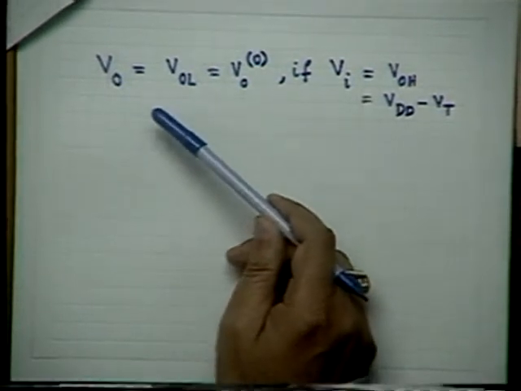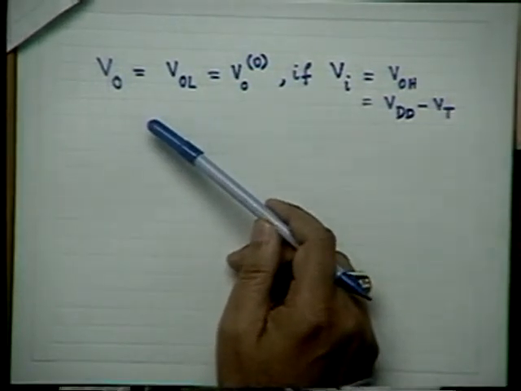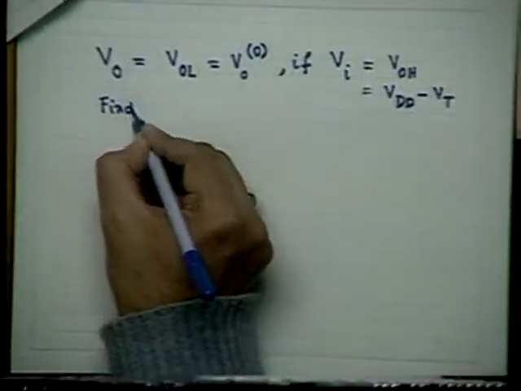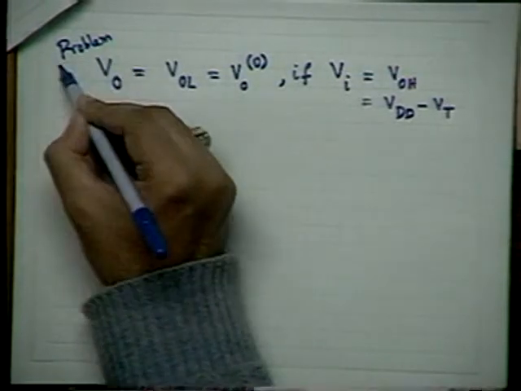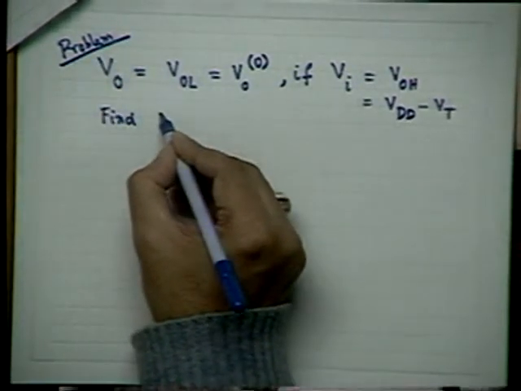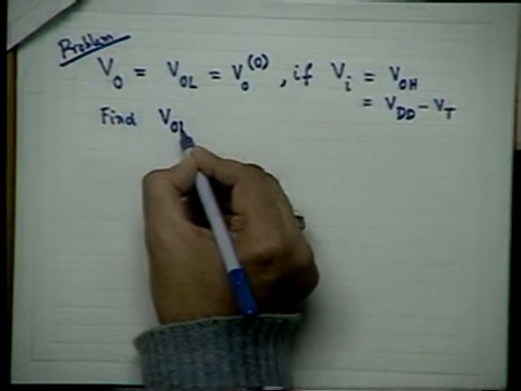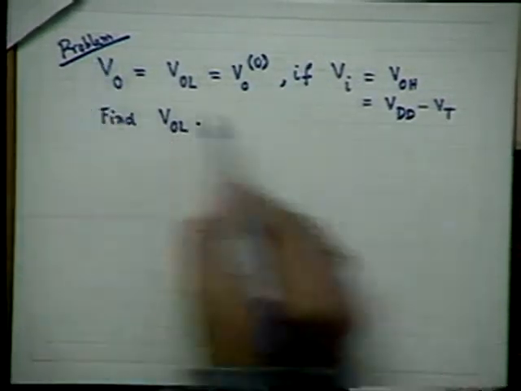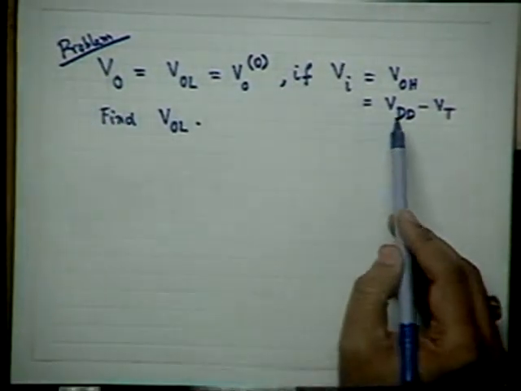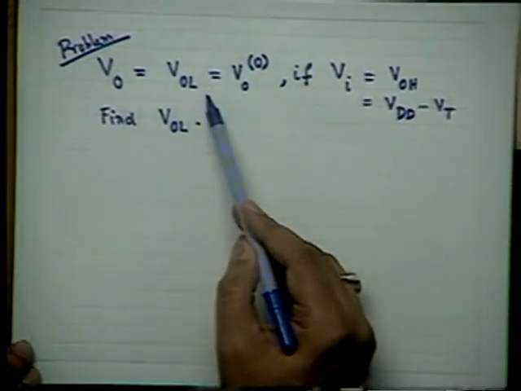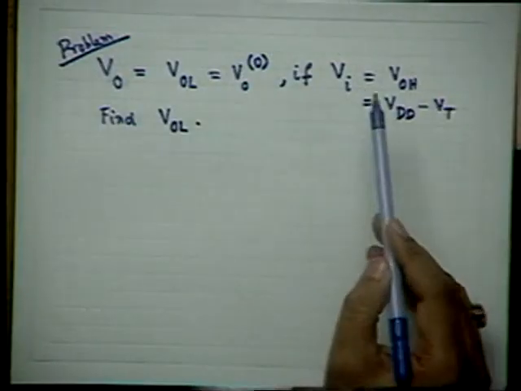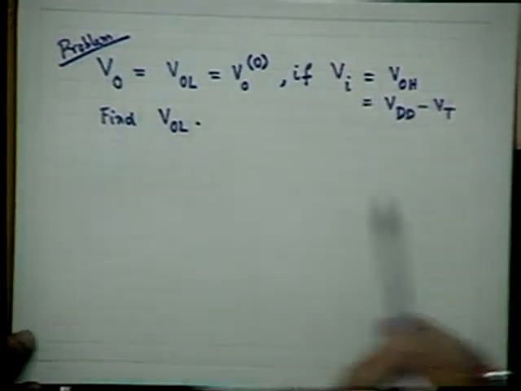So take it as a problem. This is the second problem: find VOL. The simple hint is this: if VI is equal to VOH, then VO is equal to VOL. So find out from that equation the expression for VOL.